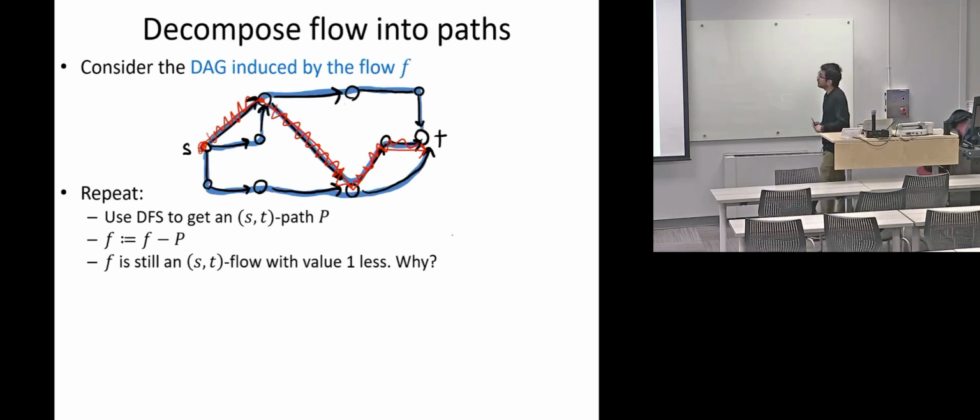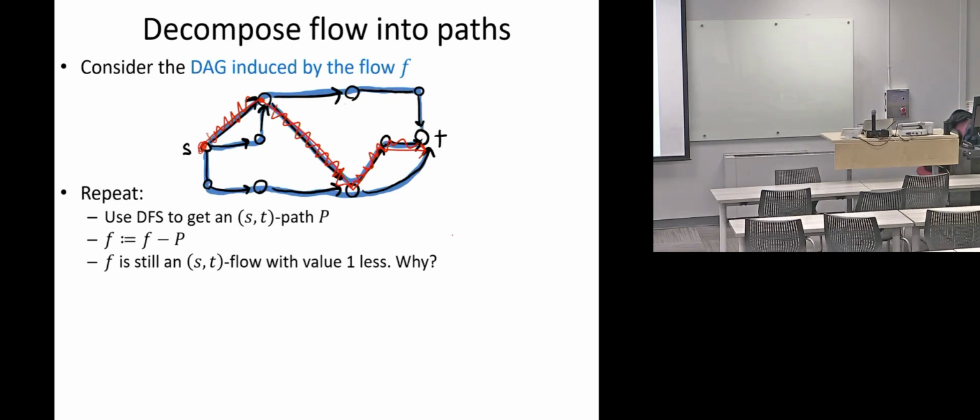Once you remove it, I claim that the resulting graph is still an ST flow. Why? Because there are two things to check about an ST flow: capacity and conservation. Capacity is satisfied because you just remove things, so you just reduce the flow value on some edge.